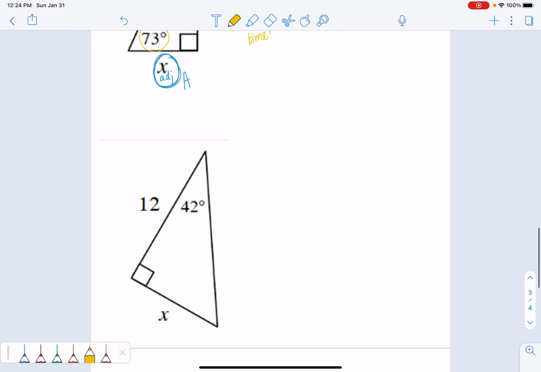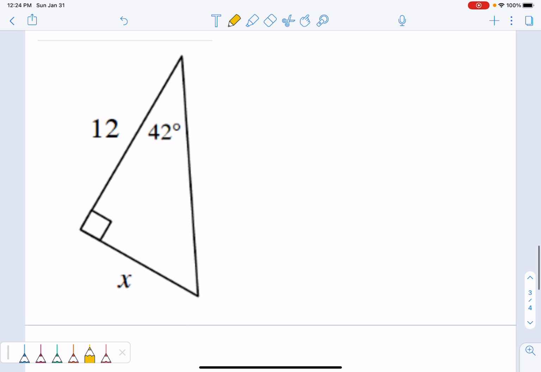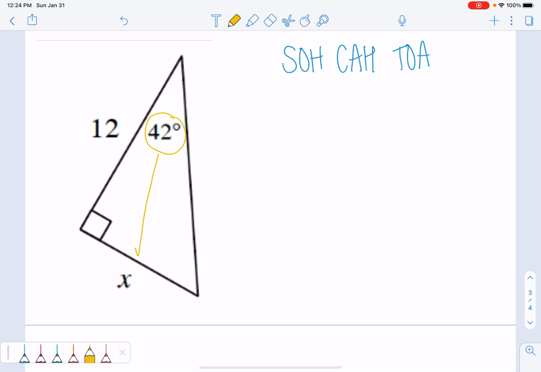Why don't you try one more on your own, and then you can check your work with me. So pause the video. Okay, now unpause the video and check your work. Here's our reference angle. Opposite leg. Hypotenuse. And last side is adjacent leg.